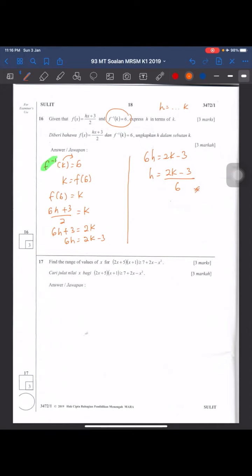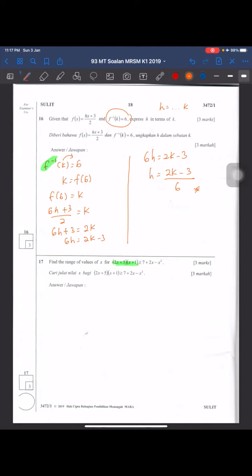Next, number 17. Find the range of values of x. First apa yang kita kena buat? Kita expand terlebih dahulu. We need to expand this part, please expand it carefully.